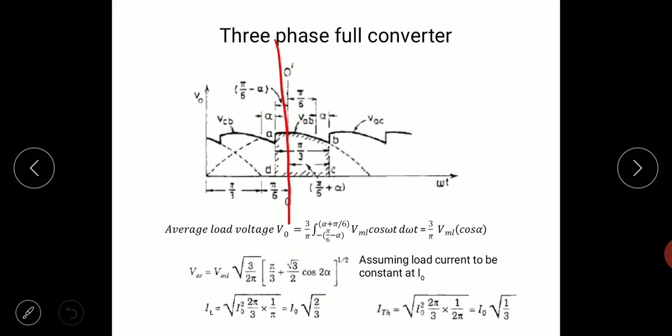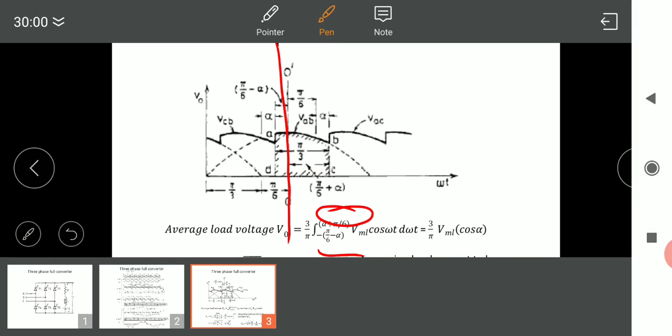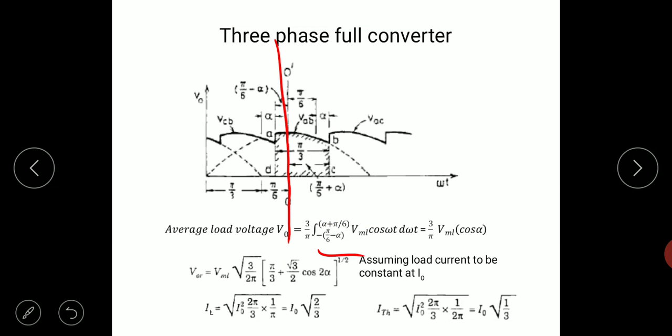Remember that this is the y-axis, so the lower limit will be negative of 30 degree minus alpha and the upper limit will be 30 degree plus alpha. Pi by 6 is 30 degree.